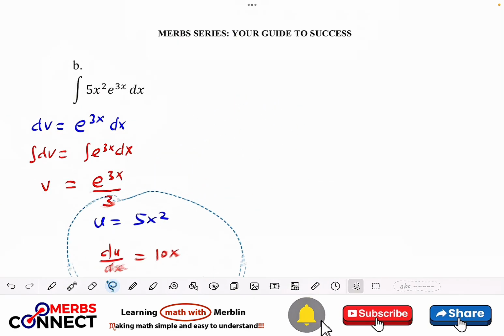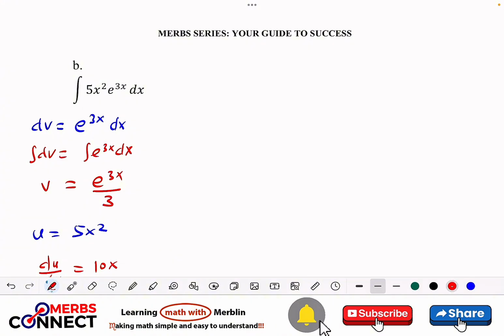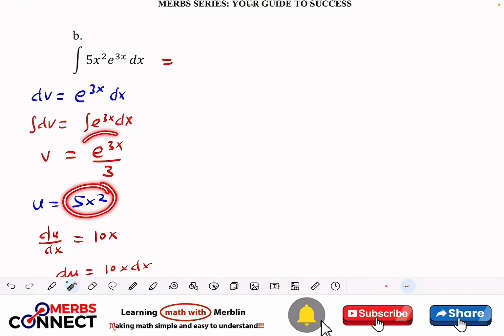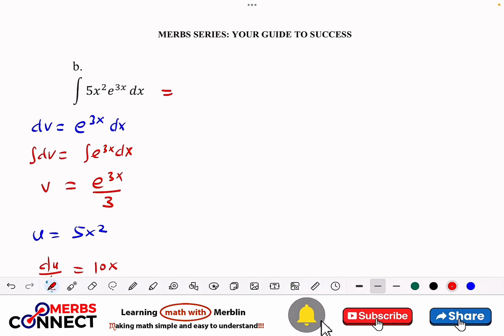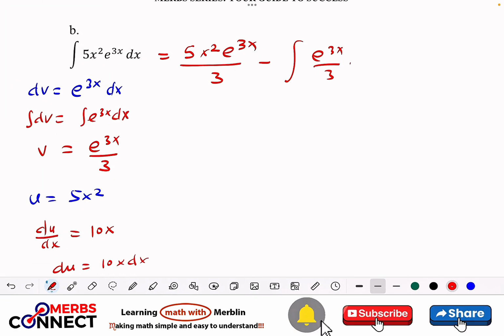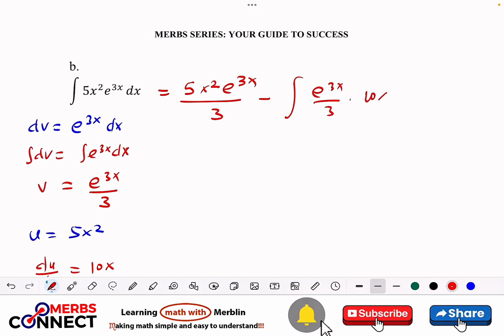So using the integration by parts formula, this is going to be something like this. Let me put this one beneath it. So we know that this is u times v. So u times v, I'm going to have 5x squared e to the power 3x divided by 3 minus v. So v is e to the power 3x divided by 3 times du. du is 10x dx.